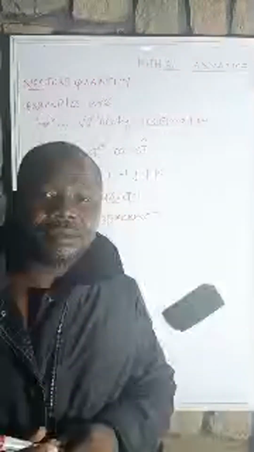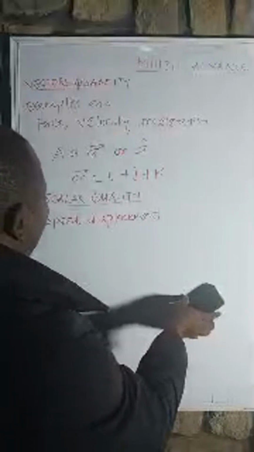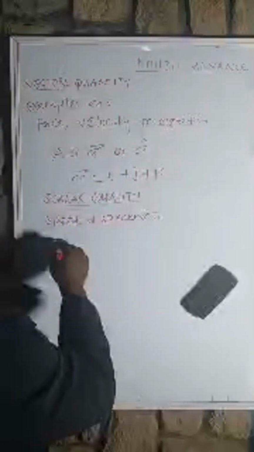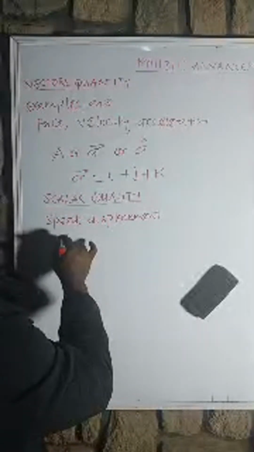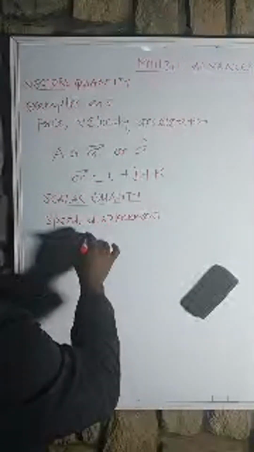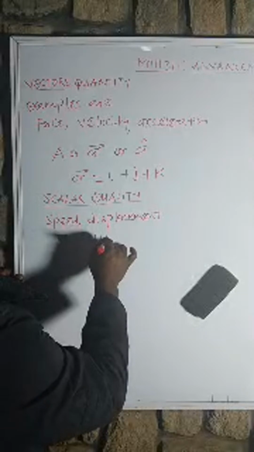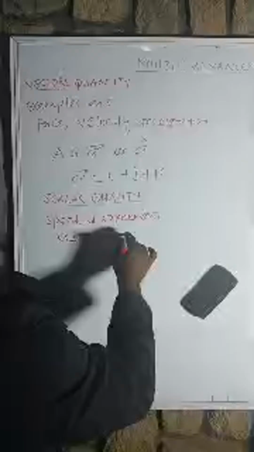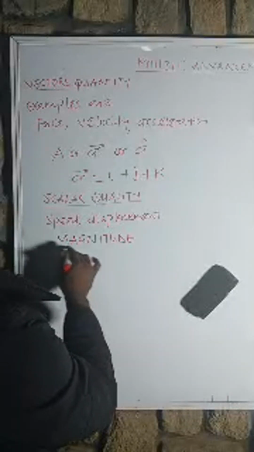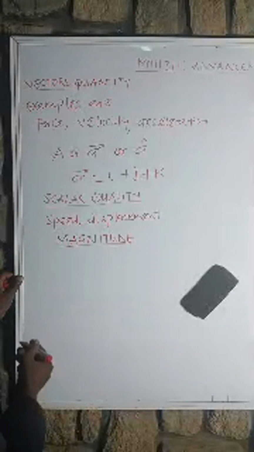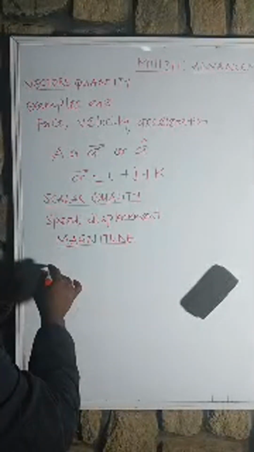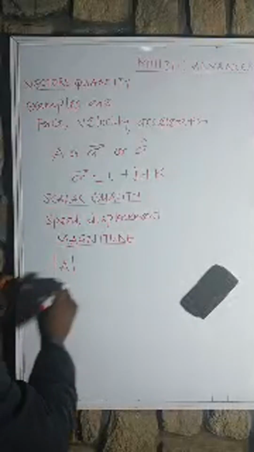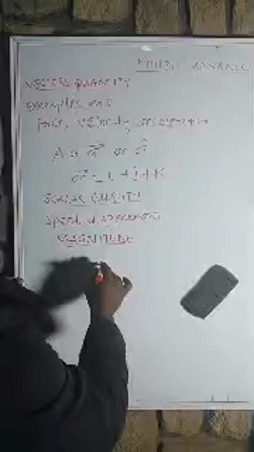Let's look at it together. Magnitude is always represented in this form. It's either a or small letter a vector.